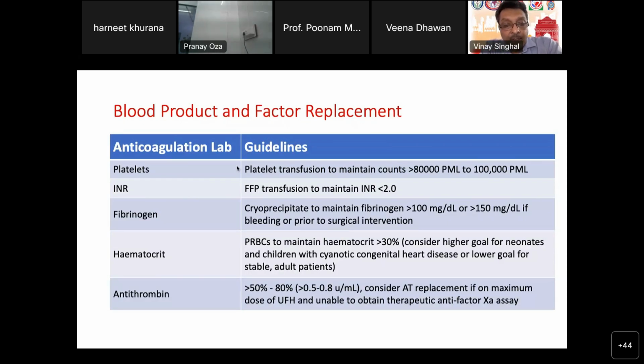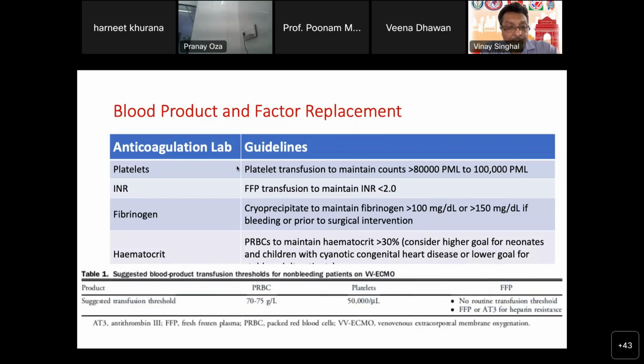Hematocrit: maintain the hematocrit more than 30%. Consider higher goals for neonates and children with cyanotic congenital heart disease, or lower goals for stable adult patients. Antithrombin more than 50%, and consider antithrombin replacement if on maximum dose of unfractionated heparin and unable to obtain the therapeutic anti-factor 10 assay. Next slide, please.